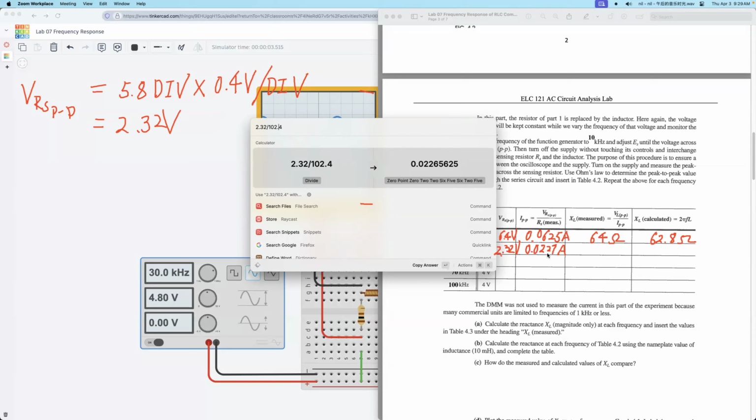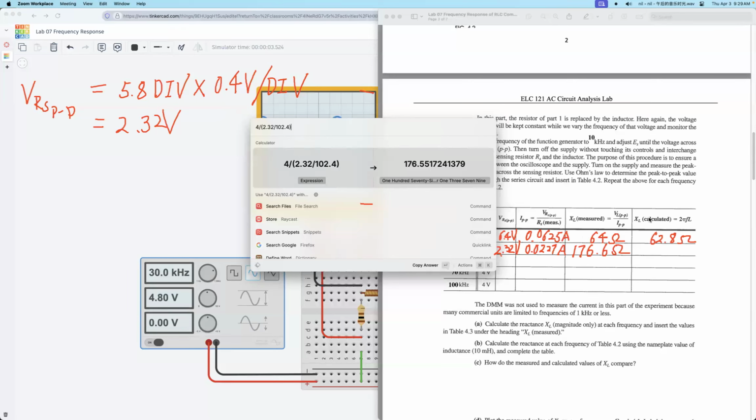Then we can use the 4 divided by this number, right? 4 divided by, so use parentheses. So now it's 176.55, so maybe 176.6. Oh, okay. So this is from the measurement.